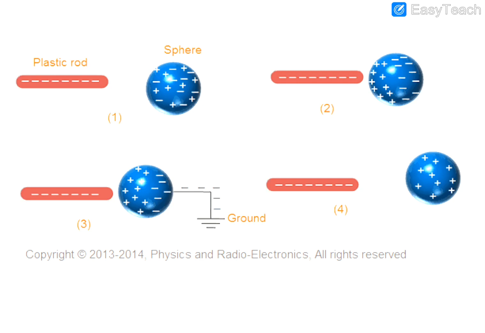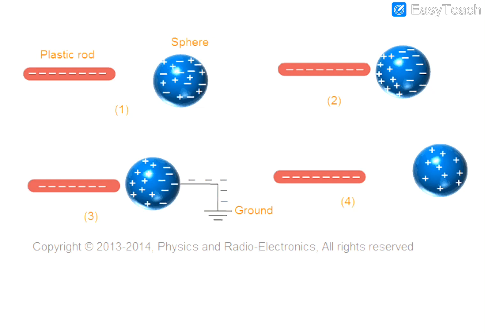If you count the number of positive charges and the number of negative charges in the sphere, you can see that there are 9 positive charges and 9 negative charges. So total number of positive charges is equal to total number of negative charges. That means it is a neutral sphere. So it is a neutral object.